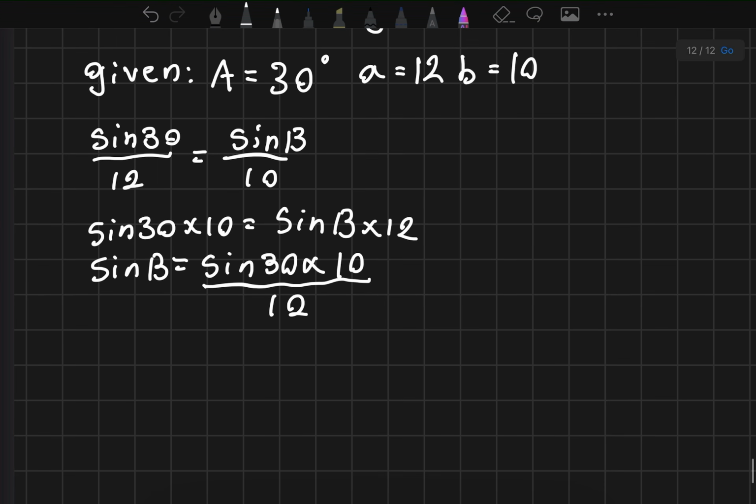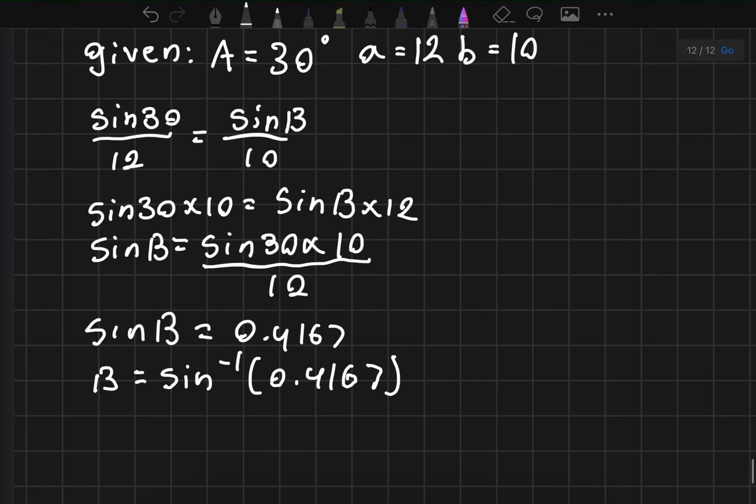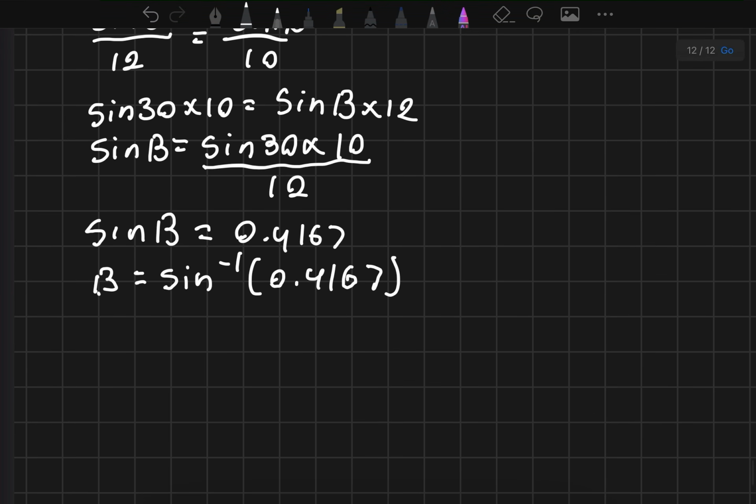Then you get sine of B is equal to 0.4167, and B is equal to the sine inverse of 0.4167, and that makes B approximately 24.6 degrees.